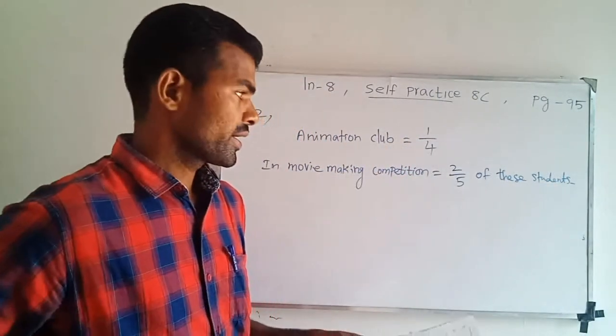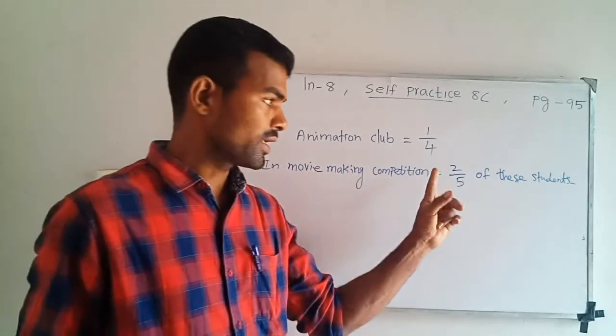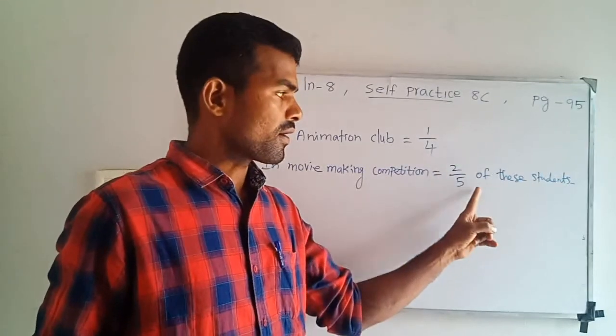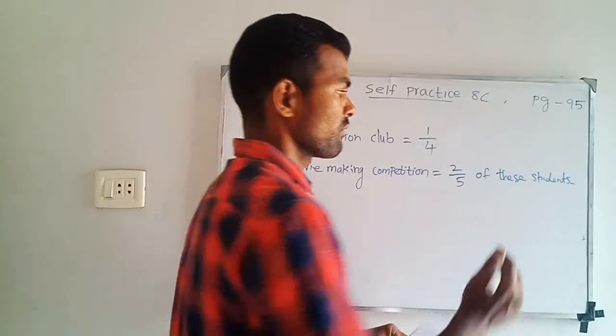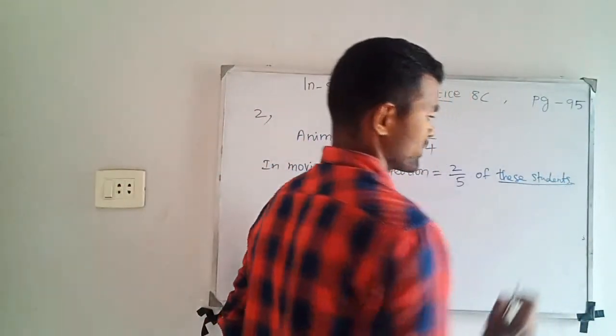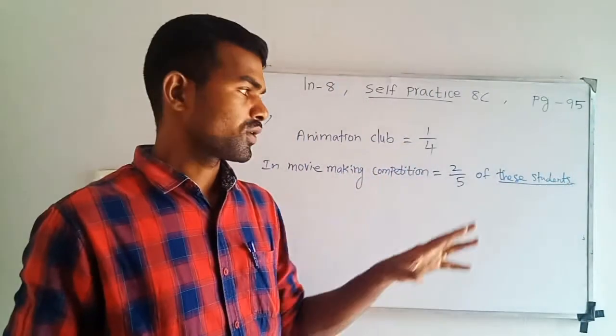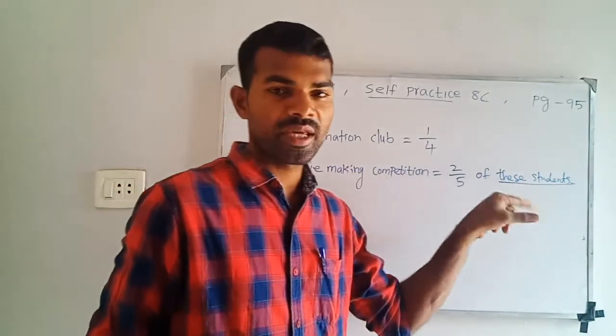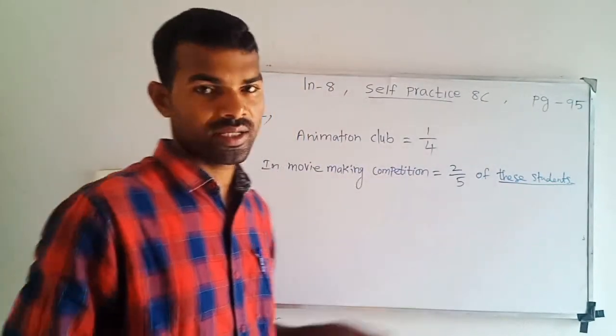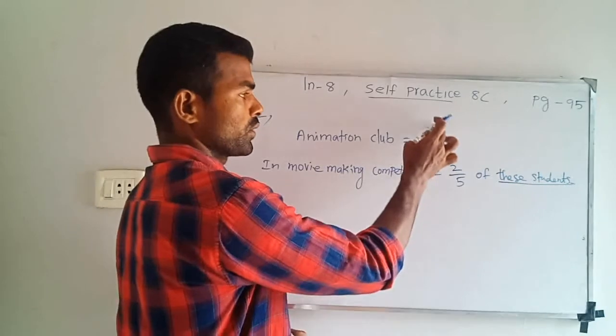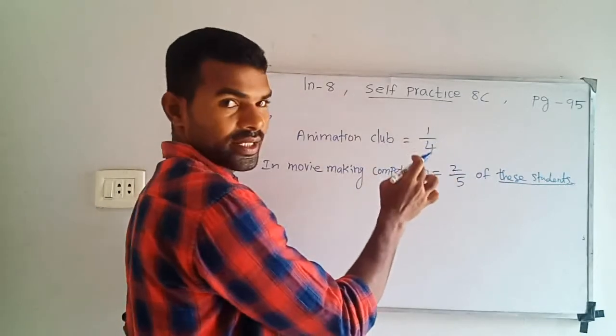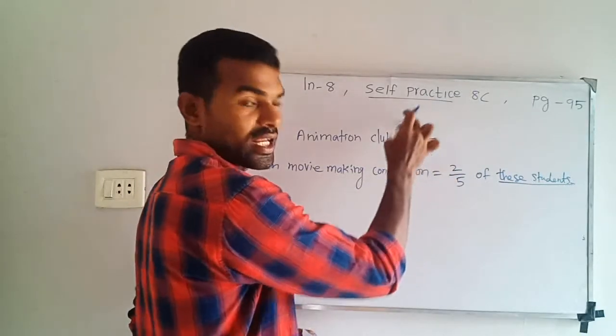Here I want to emphasize 2 by 5 of these students. What is the meaning of these students? Whom they are pointing out, these students refers to who is in the animation club.